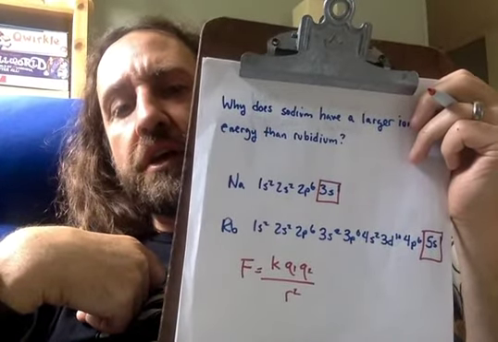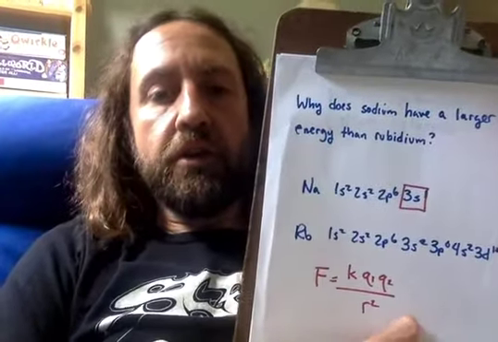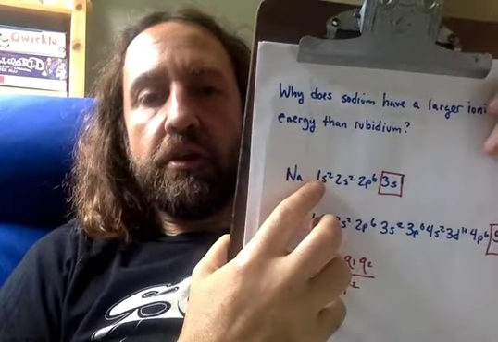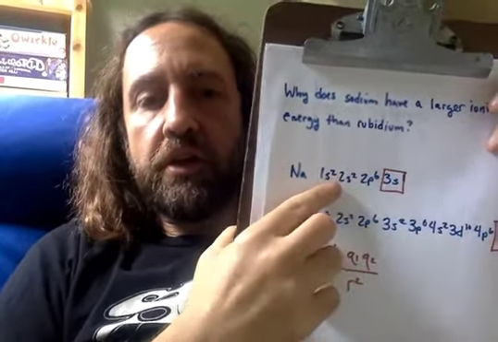The other thing is that in sodium, this electron is shielded by a grand total of 10 electrons. And in rubidium, this shielding is 10, 20, 30, 36 electrons.